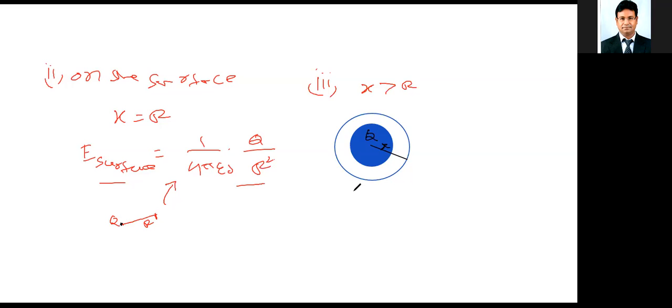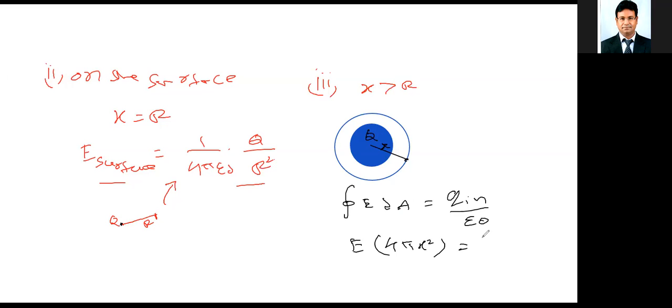So if I apply Gauss law there, I'll simply get integral E dot dA, because again it's a uniform shape, equal to q inside by epsilon naught. This electric field must be constant. Integral dA will give you the surface area of the Gaussian surface, which is 4 pi x square. Charge inside is total charge q.